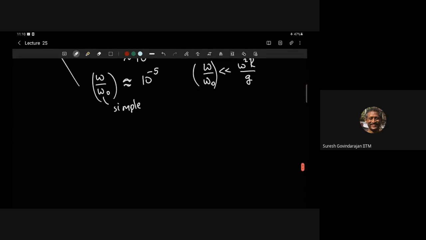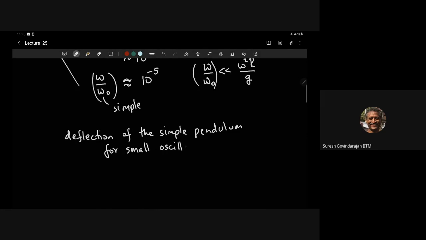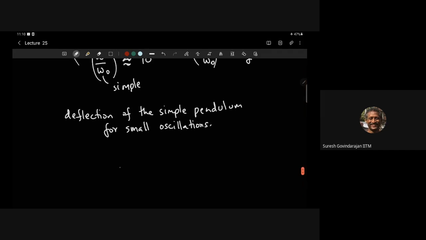But the deflection of the simple pendulum of small oscillations will be much smaller. By that I mean how much it's going to move in the x direction. It's moving this way with small oscillations, so it's going to be fairly small.